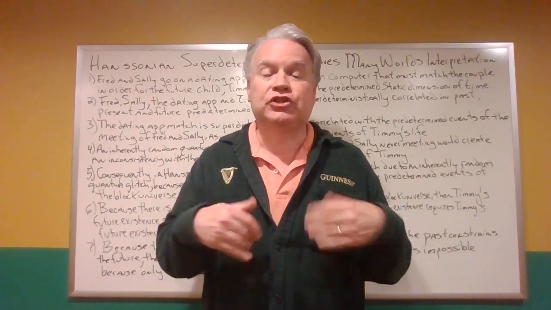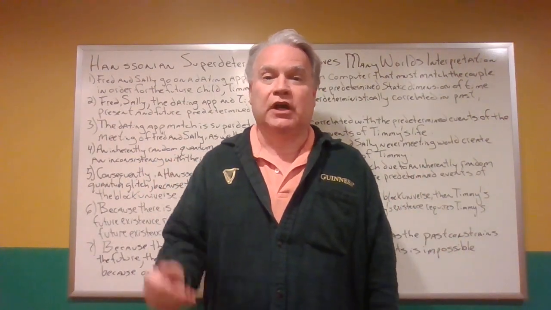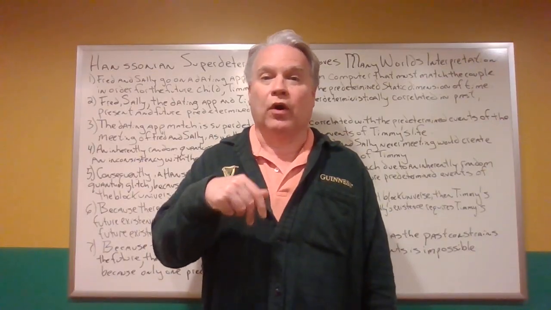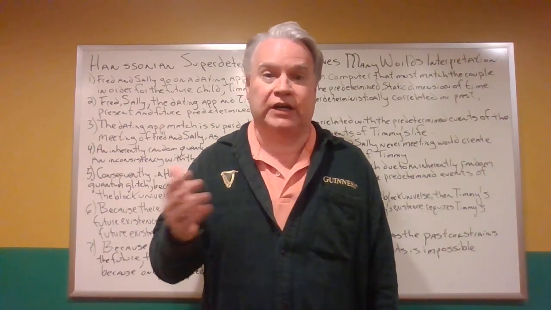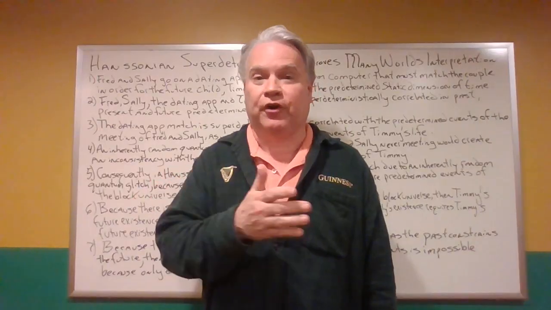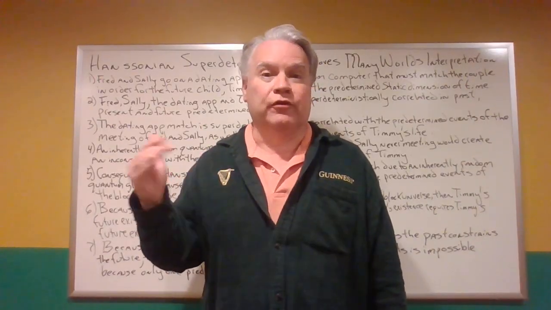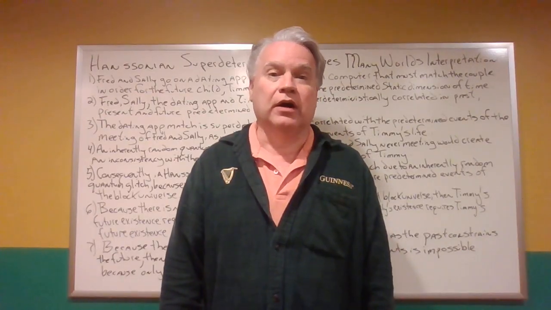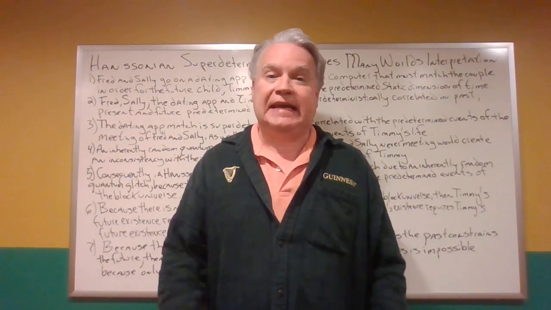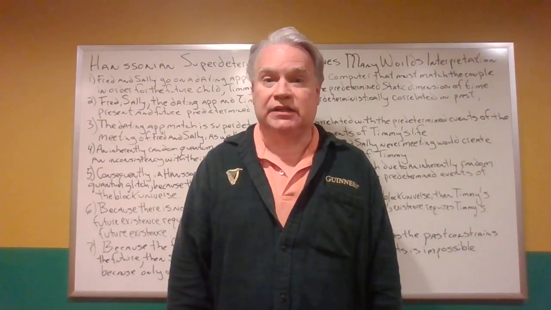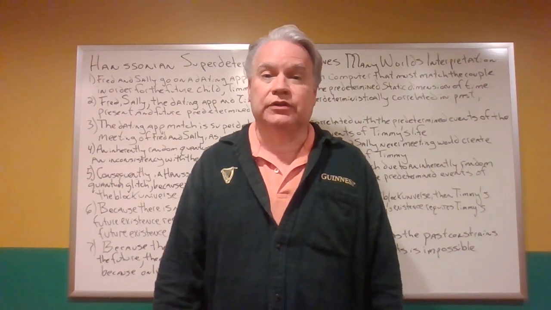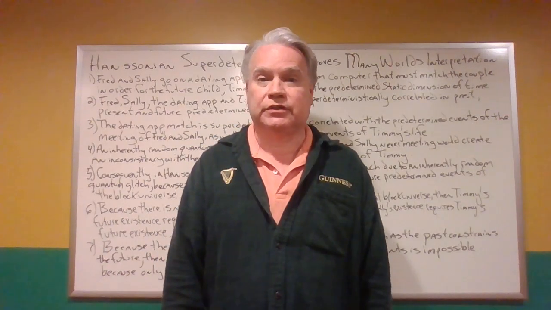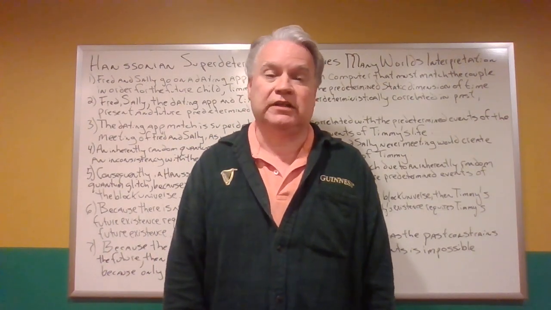There's no historical dependency. In other words, there's no causal dependency or historical dependency based on a direction in time, preferring the past over the future, for instance. The past and future are both equally dependent on one another for their existence in a Hanssonian superdeterministic universe. And that's because there's no cause and effect in physics.